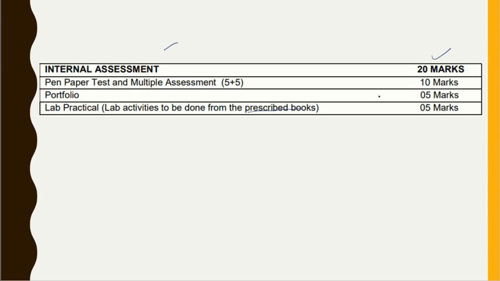Here I am telling you the prescribed books of class 9 standard, and as they said, you can download them from the internet.